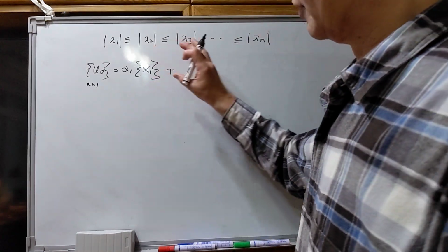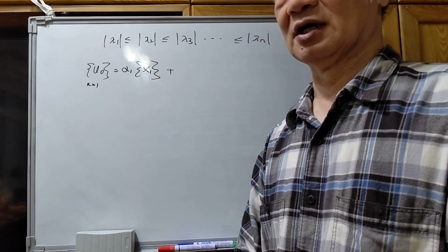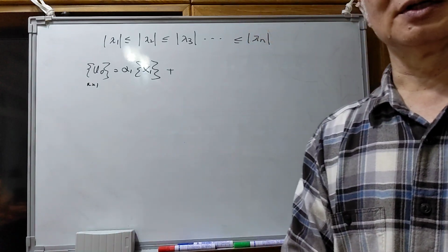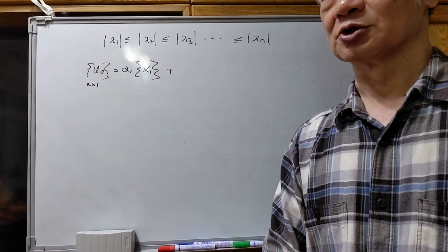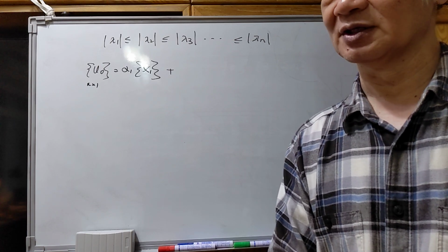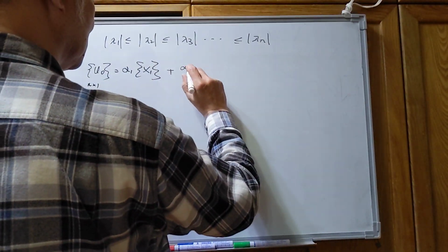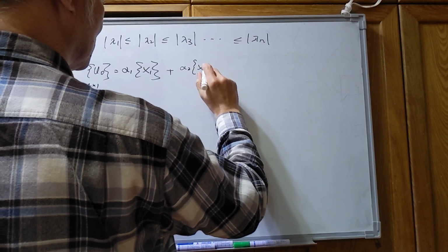Okay. However, if the matrix A and the matrix B are n by n matrices, we can always find n independent eigenvectors, and the eigenvectors can form a basis.